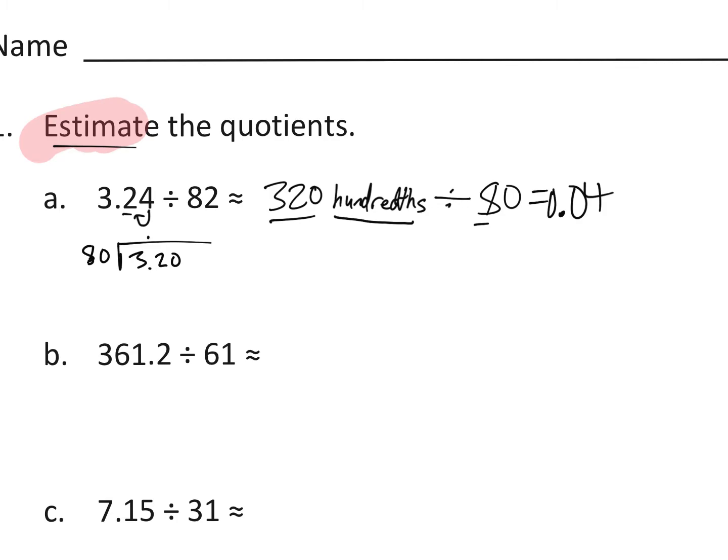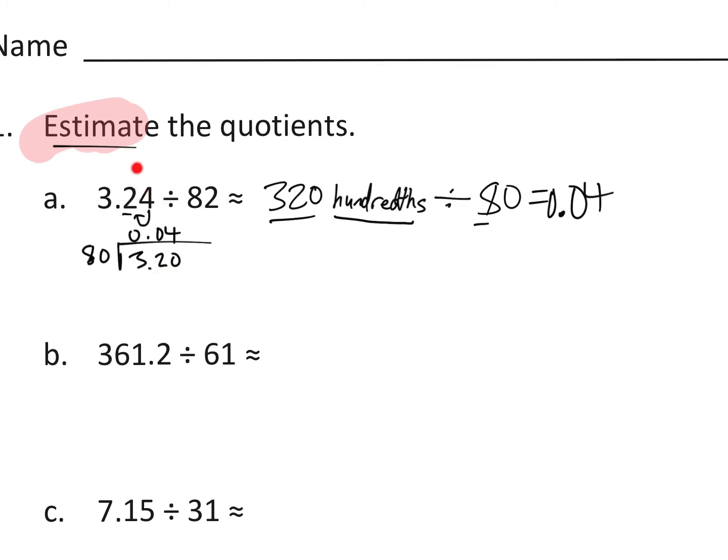Raise up my decimal right there, and that would give me 4, right? 80 is not going to go into 3. It's not going to go into 2, but it will go into 320, and it'll do it 4 times, right?